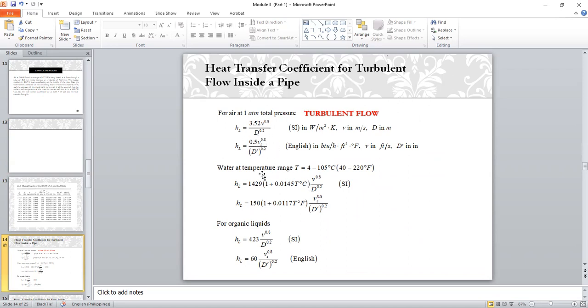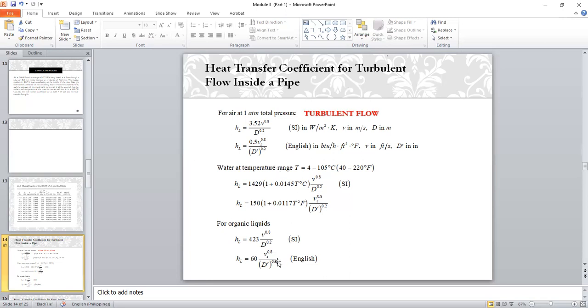Now, as for water in the range of 4 to 105 degrees Celsius or 40 to 220 degrees Fahrenheit, this would be the convective heat transfer coefficient also. And for organic liquids, this would be your HL as an estimate of the heat transfer coefficient. By the way, class, the v that is italicized in here is not kinematic viscosity.